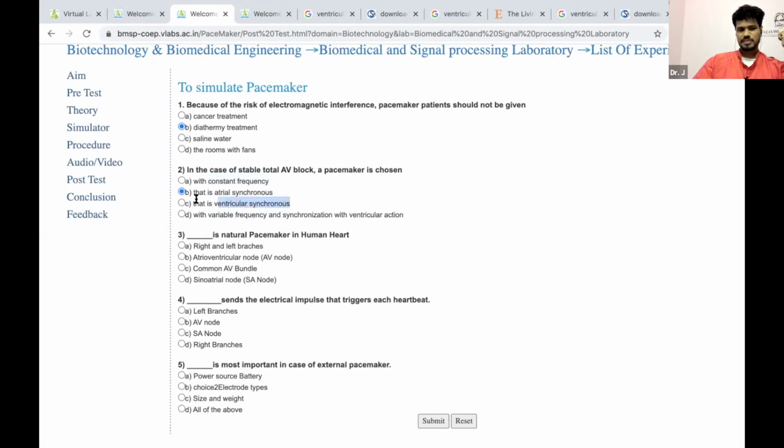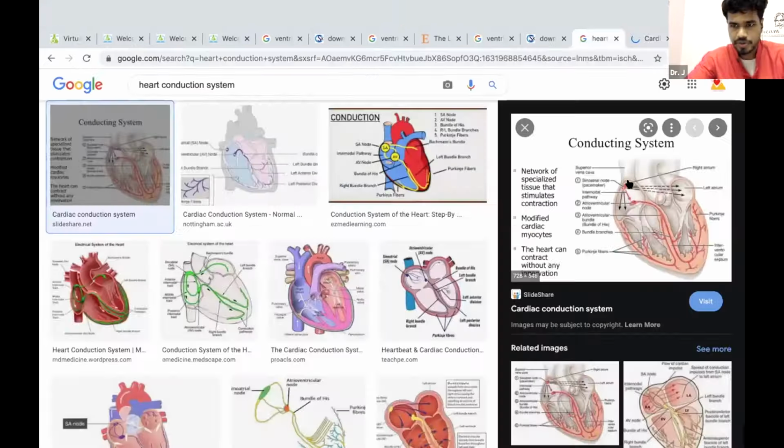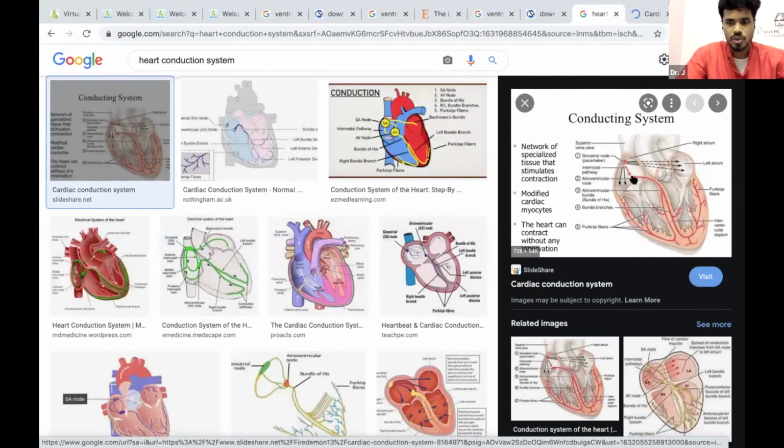So this doesn't make sense. With variable frequency and synchronization with ventricular action, again, this doesn't make sense. Okay, this is the best option. Any questions here? Let me show a visual for that. You have a stable AV node block. So this node is blocked. The atrium is going to contract properly, but that won't get propagated to the ventricles. So you have to initiate a region somewhere over here so that the ventricles properly contract, and you can't sync it with the ventricles.